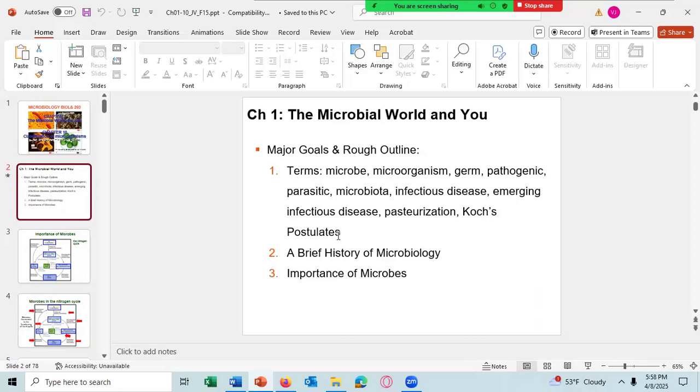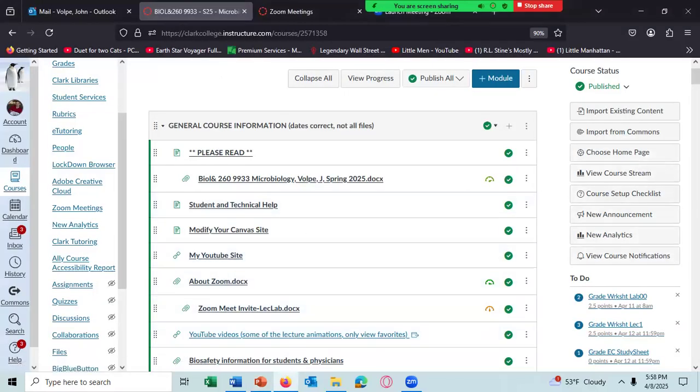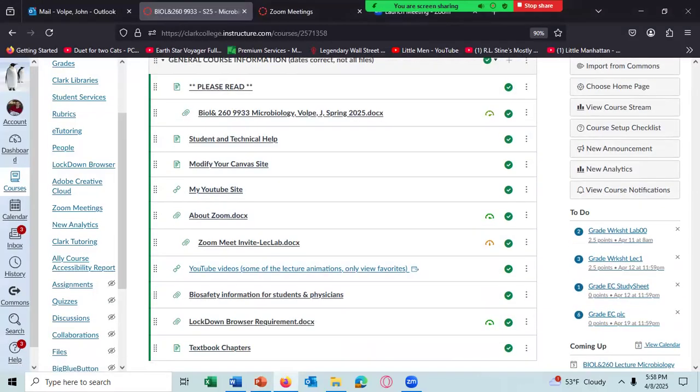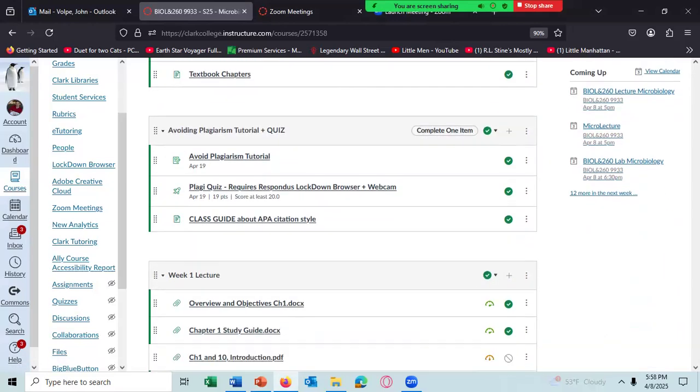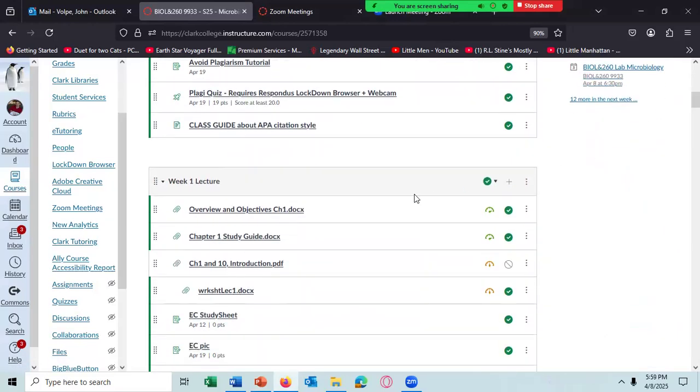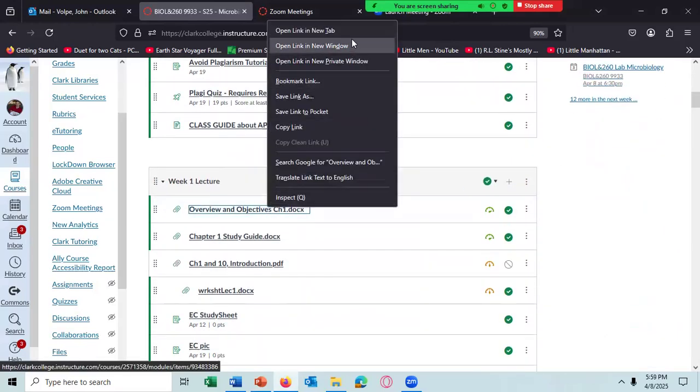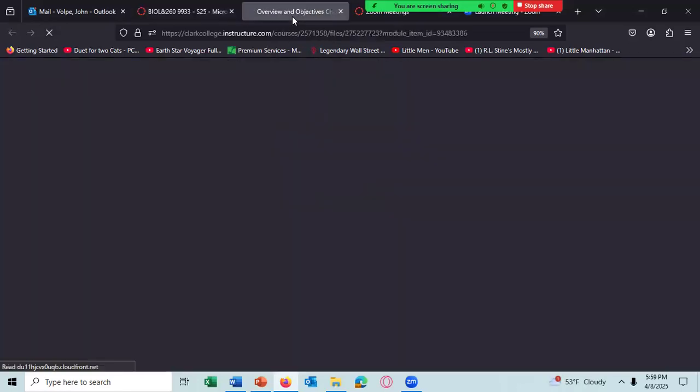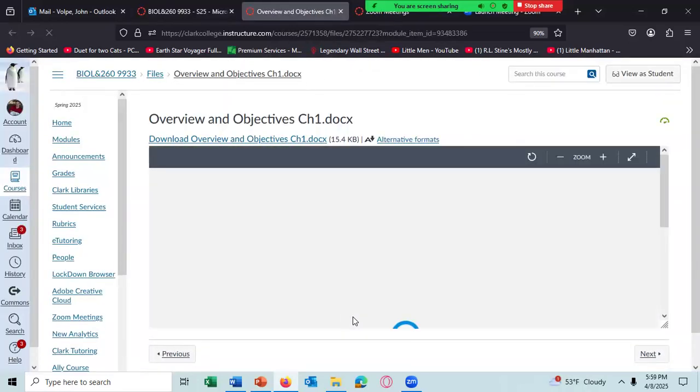These are not the only terms, just the major terms you must know in the chapter. Remember, to get all of the terms, what you should do is come and take a look at the objectives. Okay? Any question about any of that?